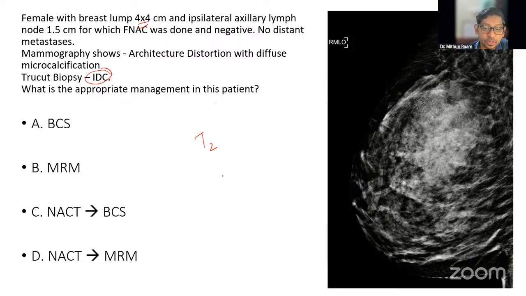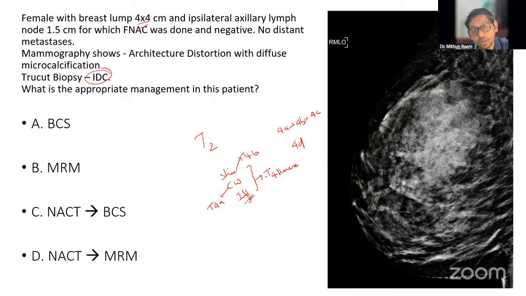If it involves the skin, the chest wall, or has an inflammatory picture, then these three clinical scenarios will be T4 disease. Involvement of the chest wall is T4A, involvement of the skin is T4B, T4C is involvement of both the skin and the chest wall, and T4D is inflammatory carcinoma.